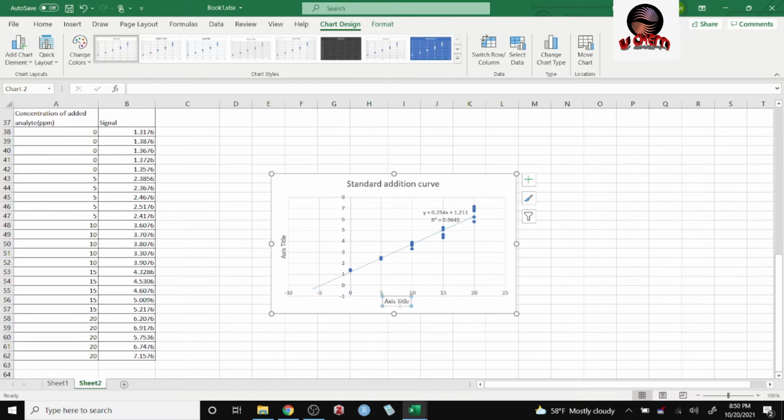So for this one, this is the concentration of the added surrogate, right?